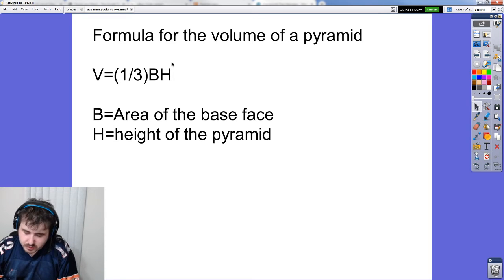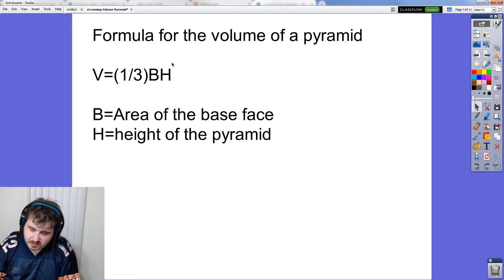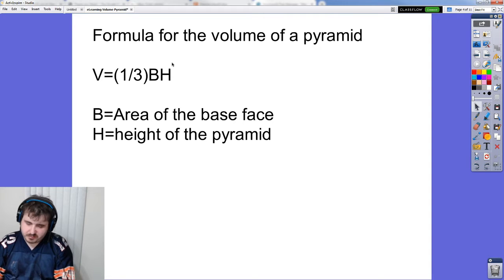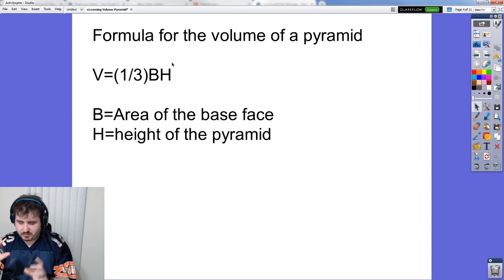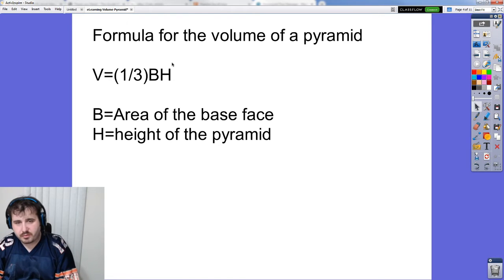This is usually the point in the year when I would have someone go outside, fill up a cone that I have filled with water, and then pour it into a cylinder with the same base with little graduations on it, so you can see in thirds. You can see it only fills up to the 1/3 line.